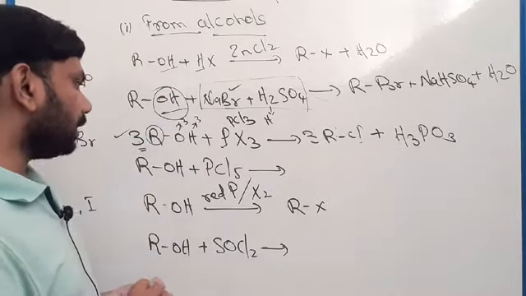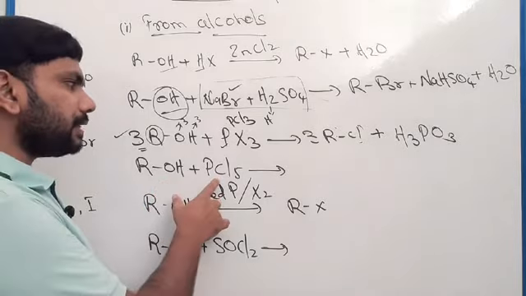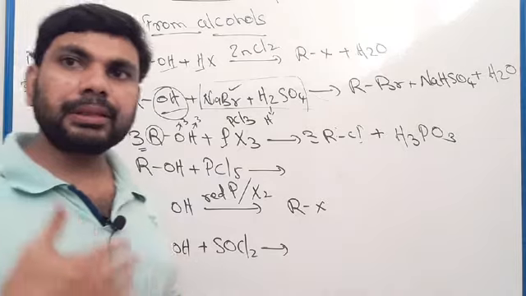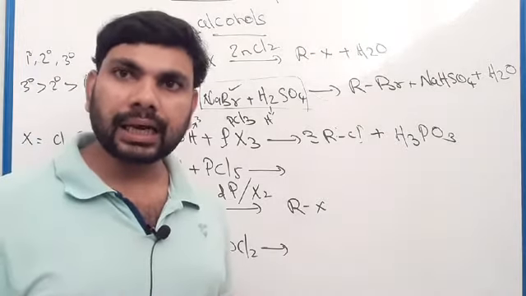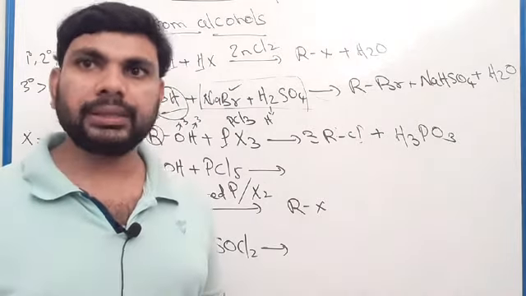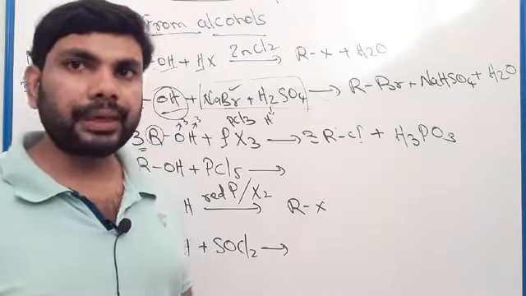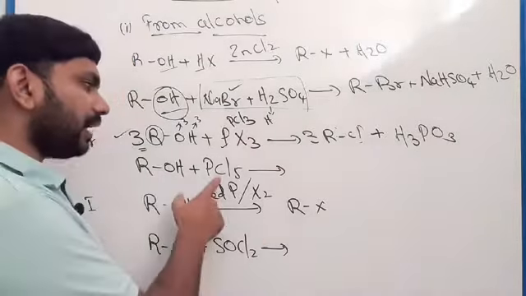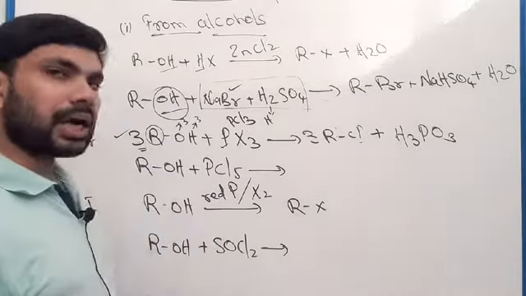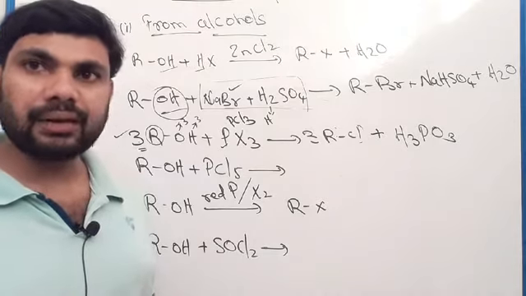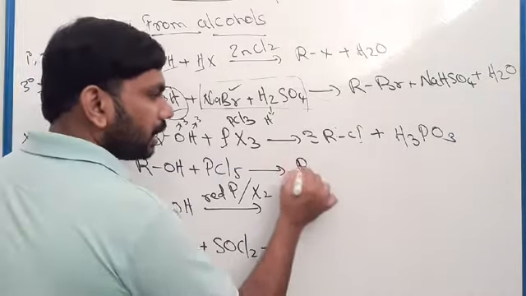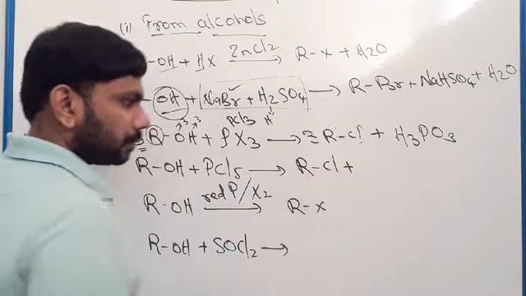Alcohol reacted with PX3, we will get alkyl halide. PX3 means PCl3 or PBr3, chlorine or bromine. Next one is PCl5, not PBr5. Alcohol reacted with PCl5, we will get the corresponding alkyl halide, of course RCl is the product.